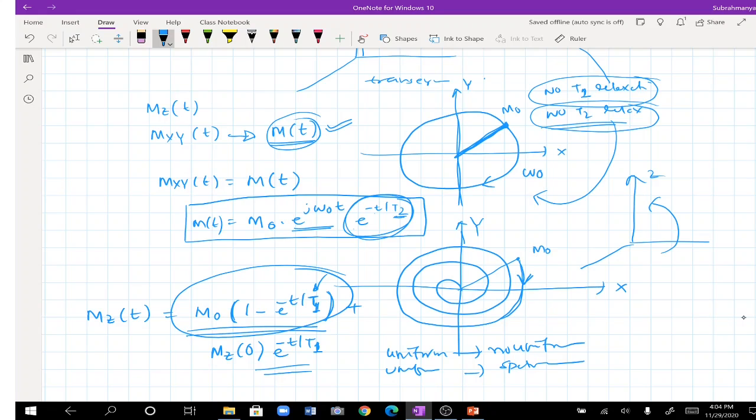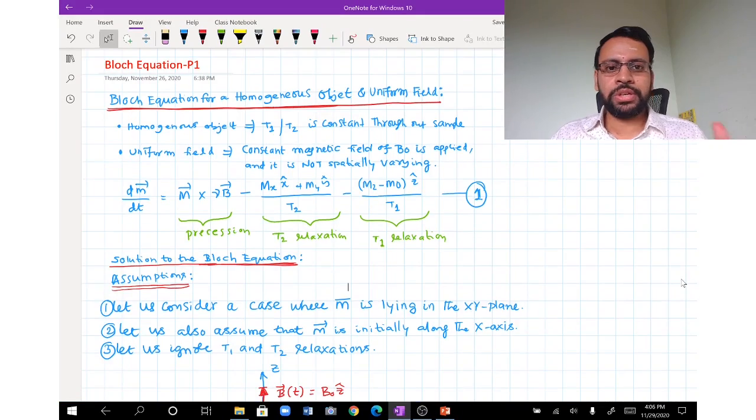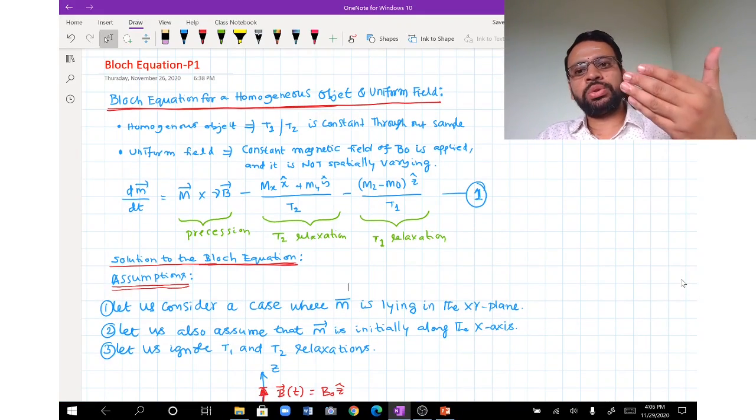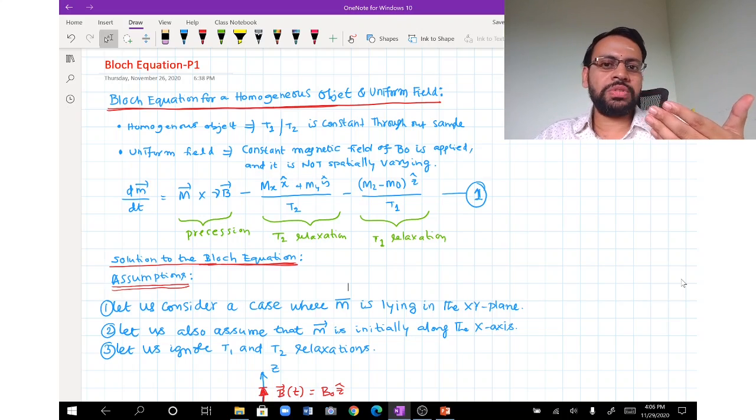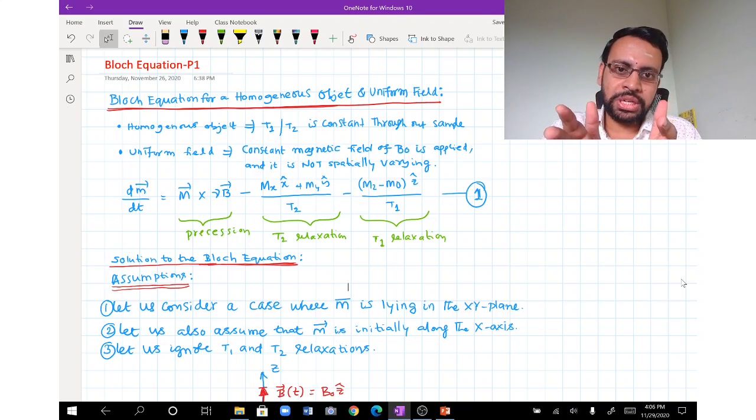So let me now take you through the derivations of these equations, which we have just seen intuitively. Now let's go through the solution for the Bloch equation when you have a homogeneous object and a uniform magnetic field.